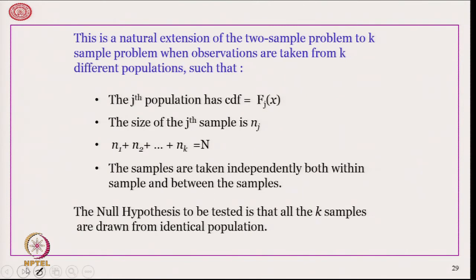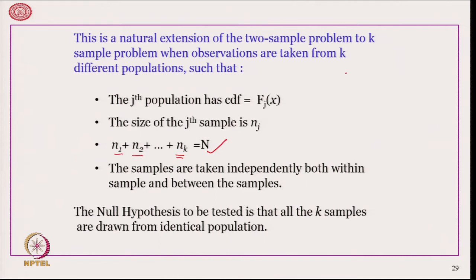So, it is a natural extension of the 2 sample problem to the k sample problem when observations are taken from k different populations, such that the jth population has CDF F j, the size of the jth sample is n j, and the total number of samples is n, which is n 1 plus n 2 plus up to n k. These samples are taken independently both within sample and between the samples.